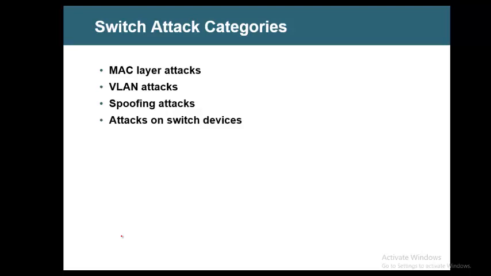I gave you an example, the VLAN hopping attack. And we have DHCP. We have ARP. These all do what? They do layer 2 broadcast. Because it's a layer 2 broadcast, someone can spoof.